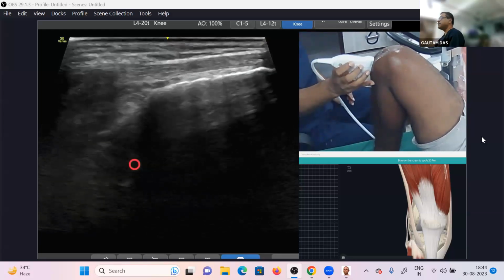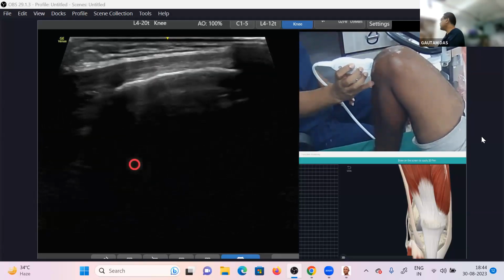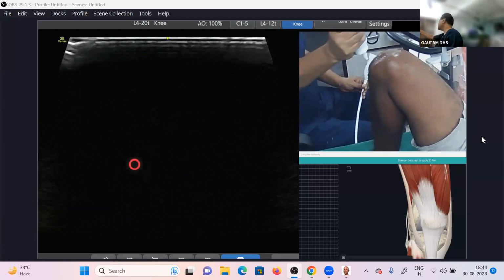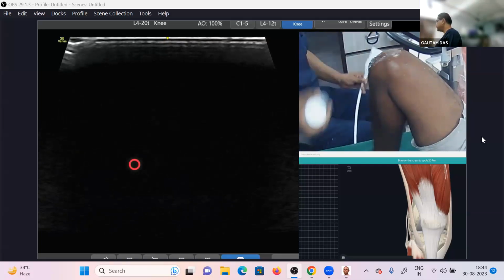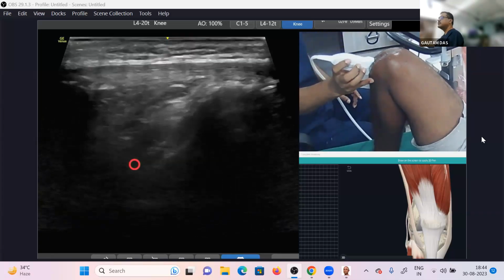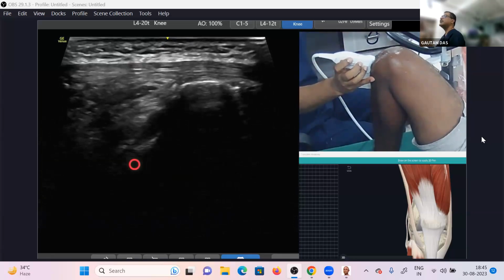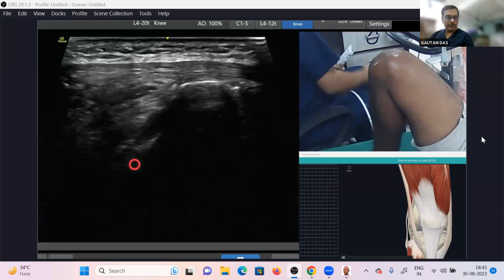So now, with this flexed knee, I'm holding the probe like that. Let me put lots of gel. Okay, now the ACL is very nicely seen.